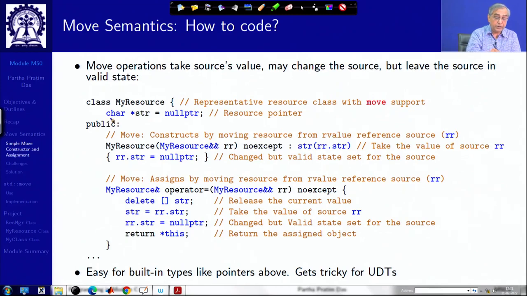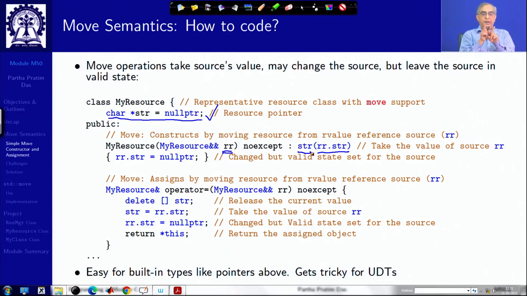So, if my resource class has a resource like a character pointer which is initialized to null, such initializations are allowed in C++11, we will see that more. So, in the move constructor, I am moving from the R value reference rr. So, the resource is rr.str, I just move it here. If you think in terms of the picture, this is just a pointer assignment.